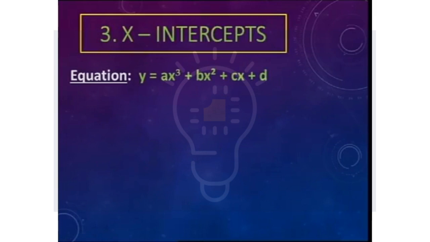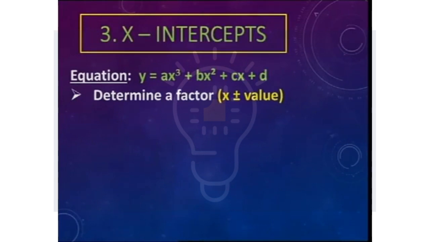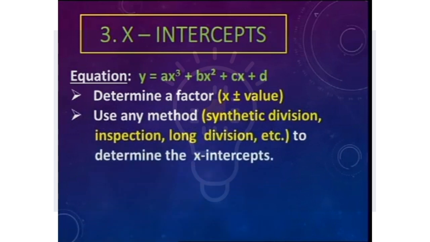What about our x-intercepts? That is the equation. Number one, it says determine a factor. And by now, you know exactly what I mean. Substitute x equals 1 into the equation, then minus 1, 2, minus 2, etc., until you get 0. That is what I mean by a factor. Then you use any other method. There's synthetic division, there's inspection, there's long division, there's even the calculator.